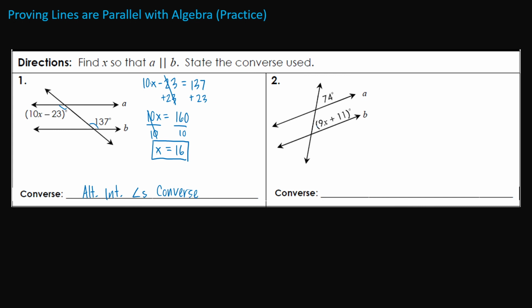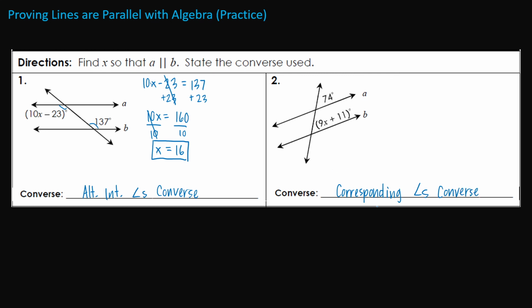Let's try one more. I'm seeing there's a 74-degree angle and an angle that is 9x plus 11 degrees. Their position makes them corresponding angles. They're in the same position on line A and line B. So I want to use the corresponding angles converse to prove these lines are parallel.